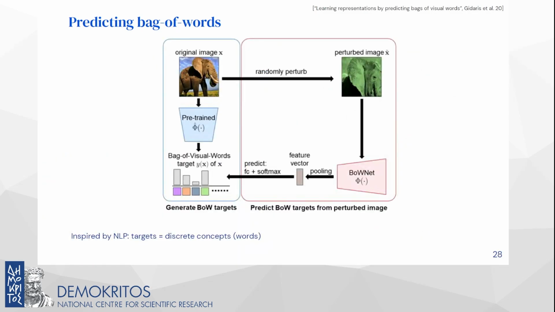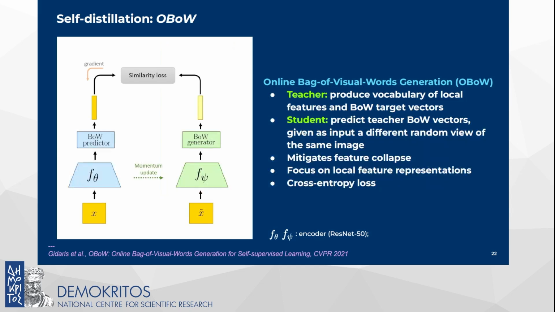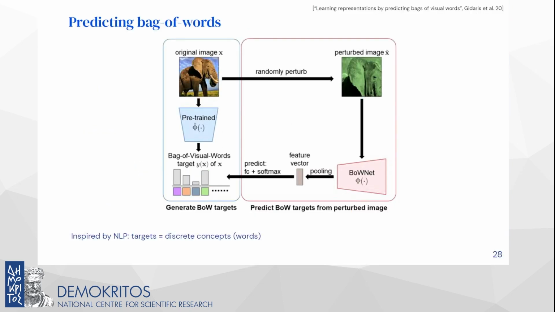But basically we use this idea in this context: you apply an augmentation, and then you train a network to predict the bag of visual words of the original image, using as input just the augmented image. Again, you force the network to focus on mid-high level content by use of this visual word representation. And actually, it turns out that you don't need a pre-trained encoder.